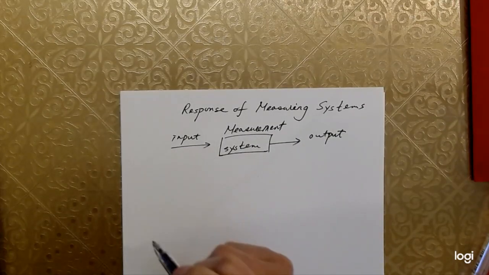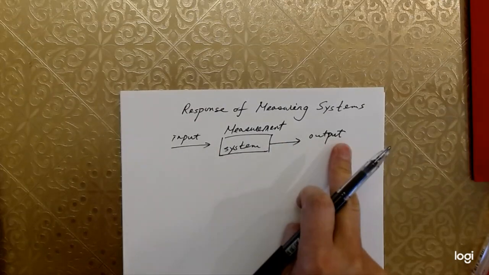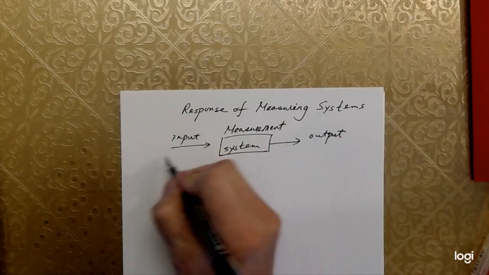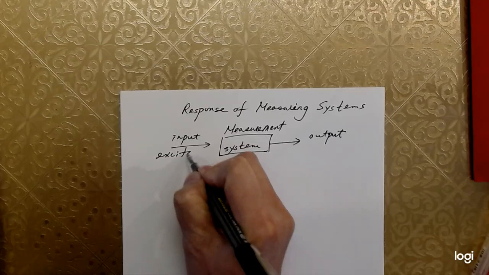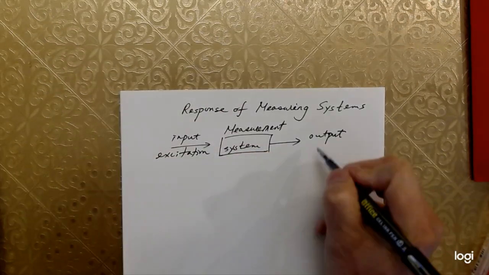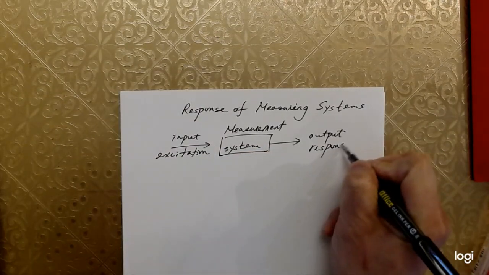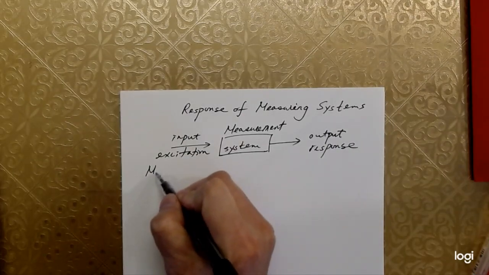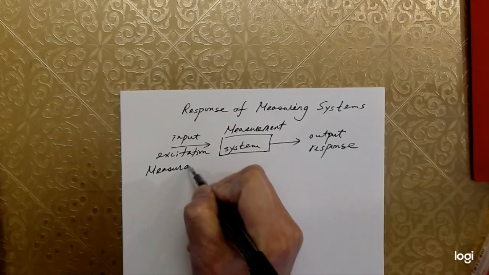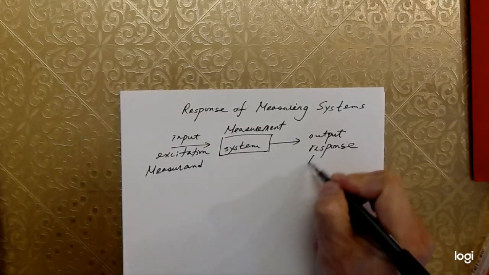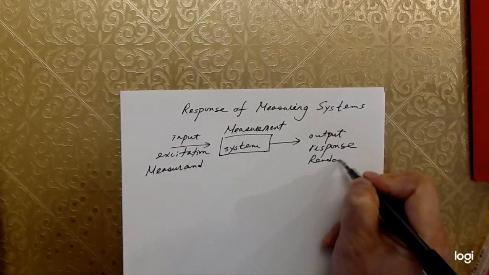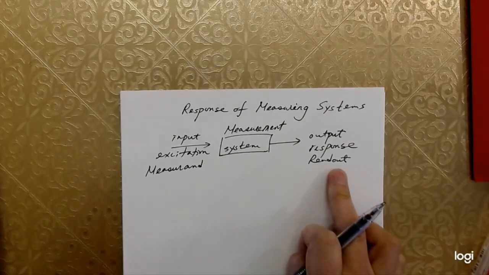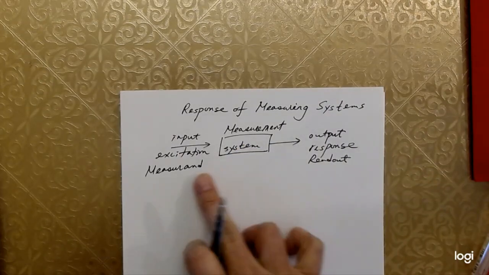So from system point of view, input output relationship, or you have the excitations, you have a response, or you have input as a measure end, output as a readout output of the measurement systems.